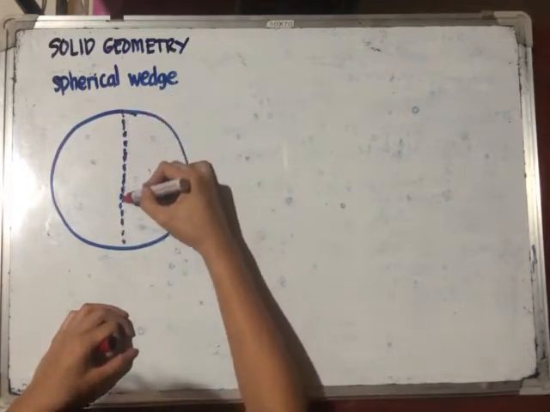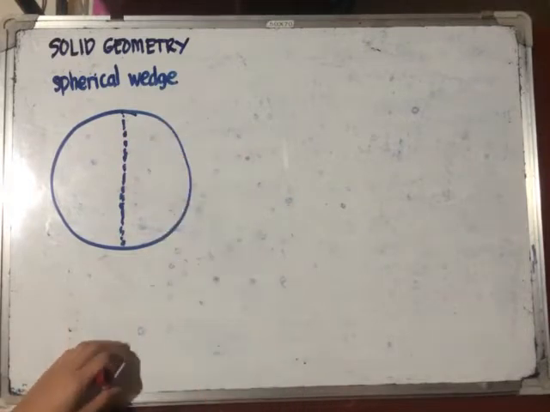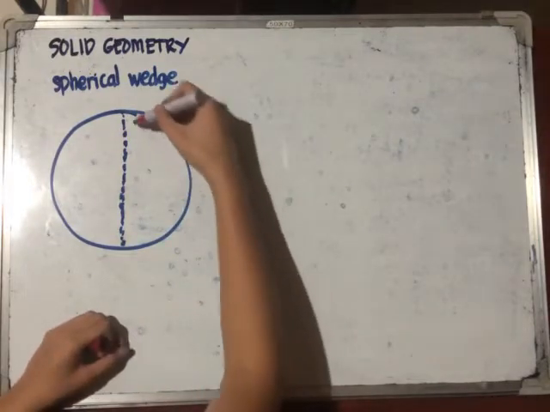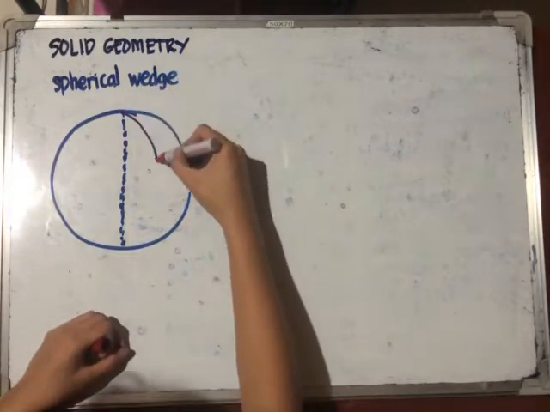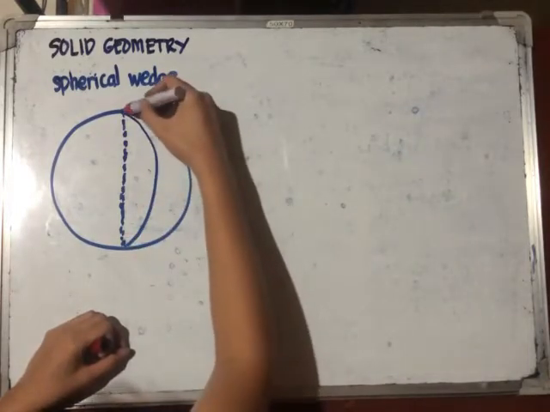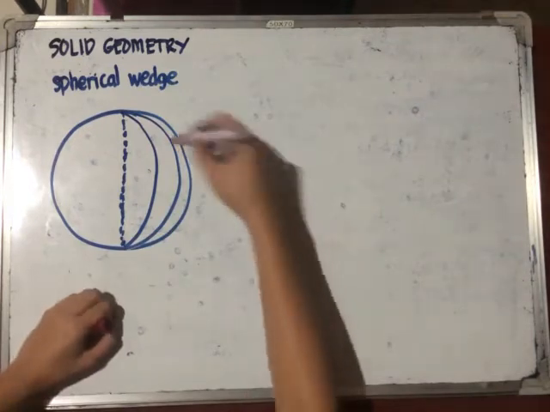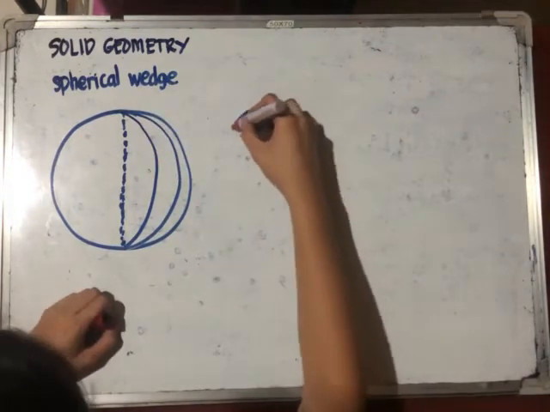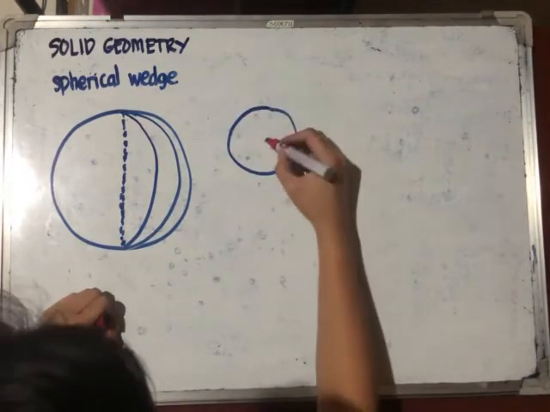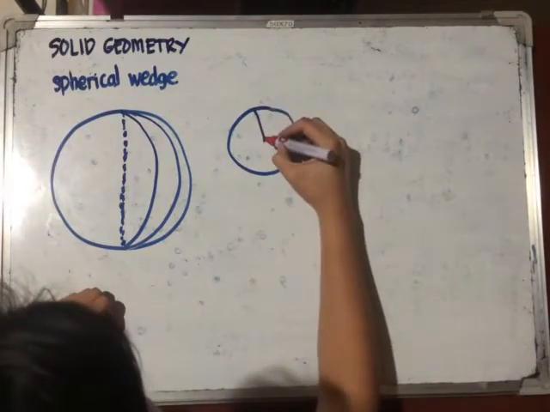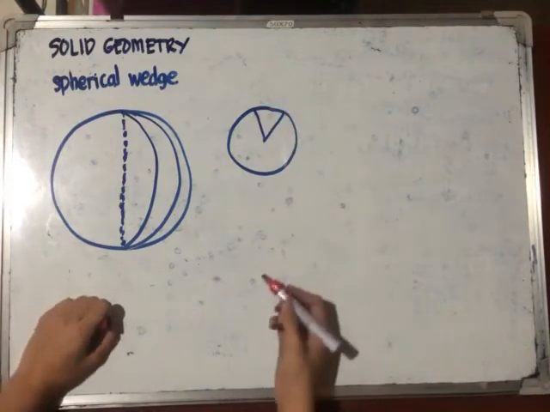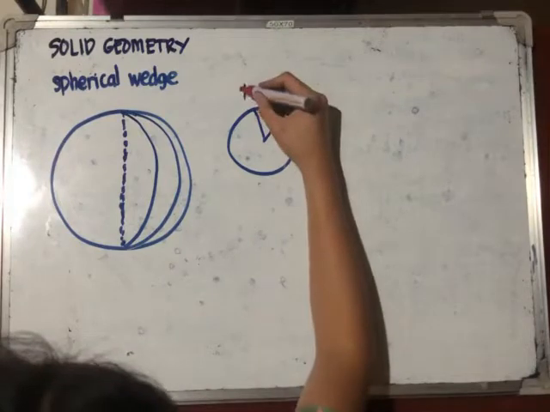Okay, this is the axis that passes through the center of the sphere, and the wedge is just like this one. Okay, so if you are looking from the top view, you will see a pointed shape like that. This is how the wedge is divided. Okay, this one is the top view.